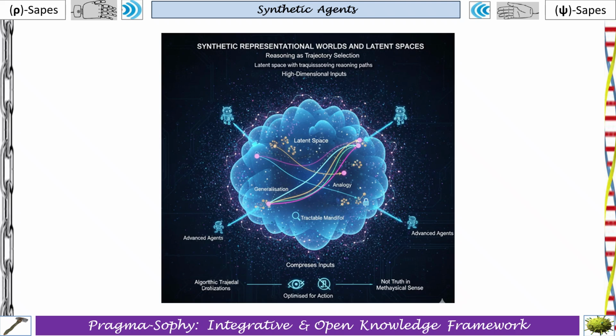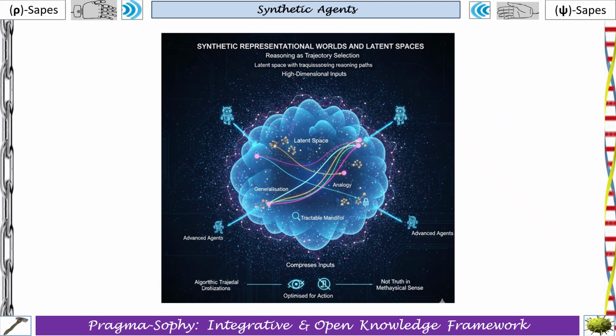Advanced agents operate within synthetic representational worlds encoded as latent spaces. These spaces compress high-dimensional input into navigable manifolds. Reasoning becomes trajectory selection rather than rule execution. As shown in the figure, these latent spaces support analogy, generalization, and inference.